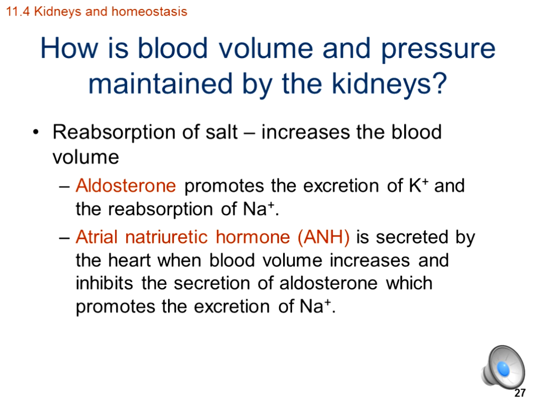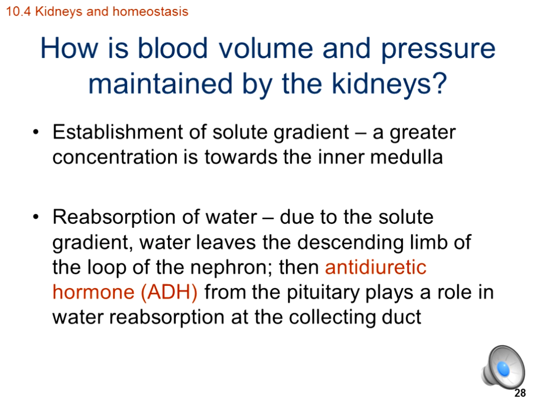On the opposite end of the spectrum, if your pressure is too high, then we want to reduce the volume any way we can. Atrial natriuretic peptide, released by the heart, is going to prevent the adrenal glands from releasing aldosterone, so we don't save as much sodium, we don't pull in as much water, and we can bring down the volume and thus bring down the pressure.